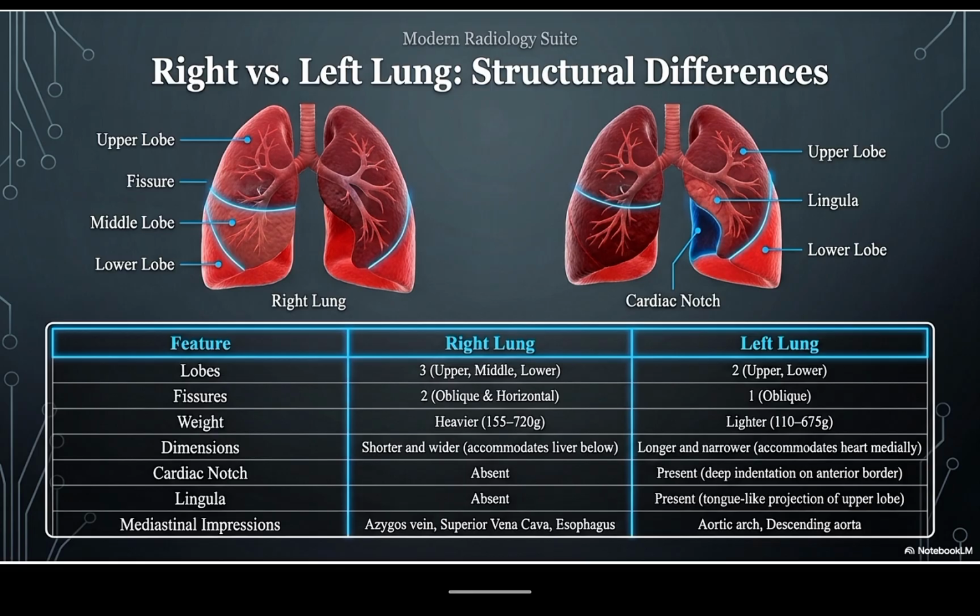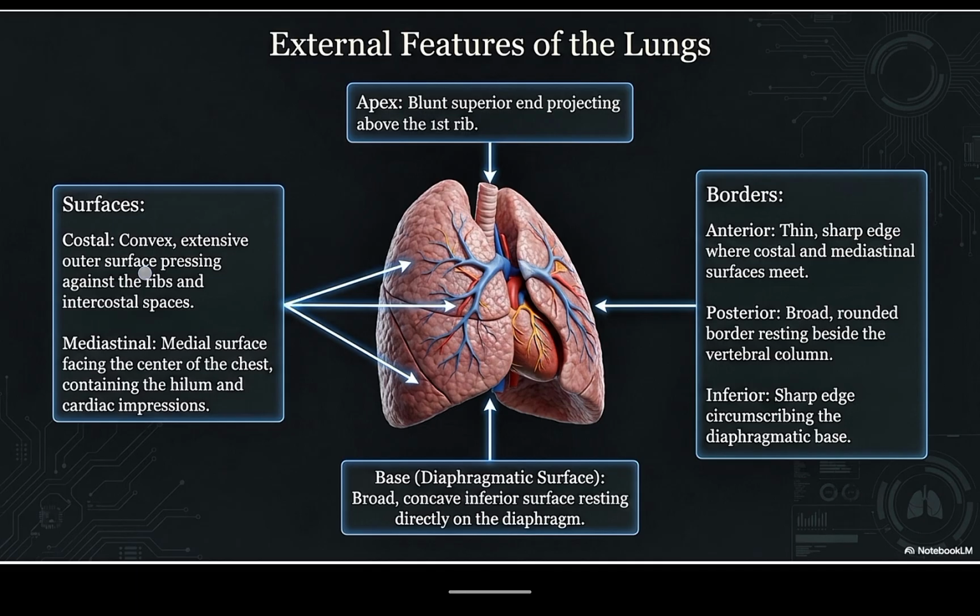Therefore, we now have the lobes of the right and the left lungs. The lobes of the right lung are three: the superior, the inferior, and the middle lobes. Take a look at the superior or upper lobe, the middle lobe, and the lower lobe. These features divide the lung into lobes. So for the right lung, there are three lobes: the superior or upper lobe, the middle lobe, and the inferior lobe.